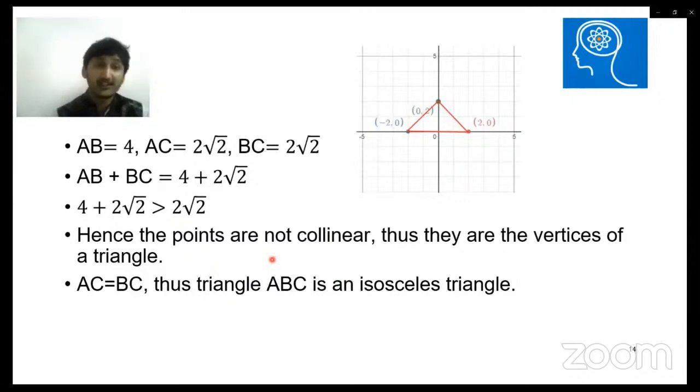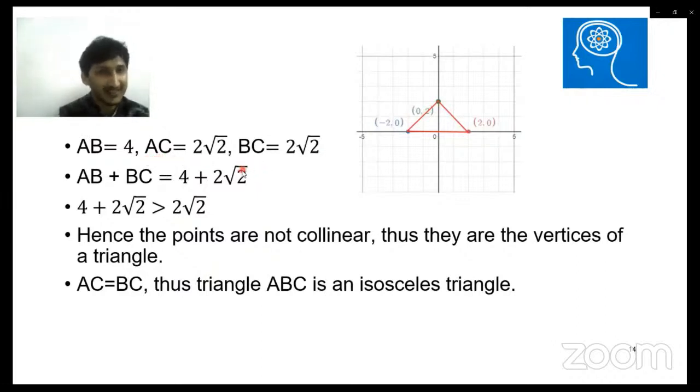Now for telling which type of triangle this is, we have to take a look at the length of the sides. So आपल्याला इथे AB equal to 4 units आलंय, AC is equal to 2 root 2 units and BC is equal to 2 root 2 units. तुम्हाला इथे काही similarity दिसेल, that is AC is equal to BC.